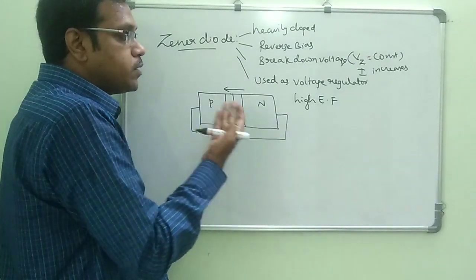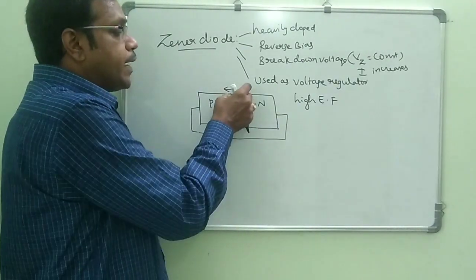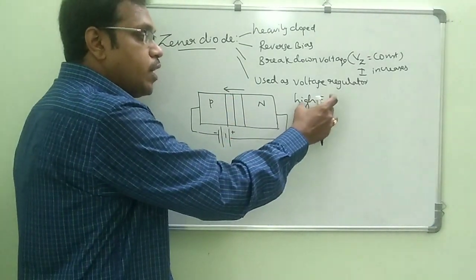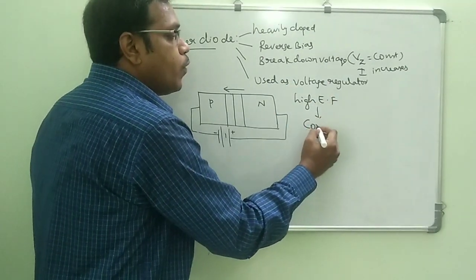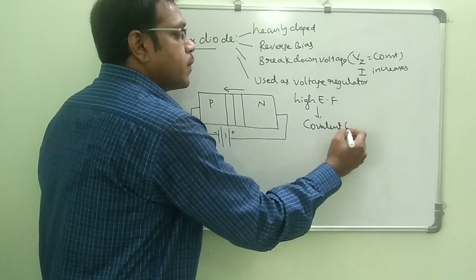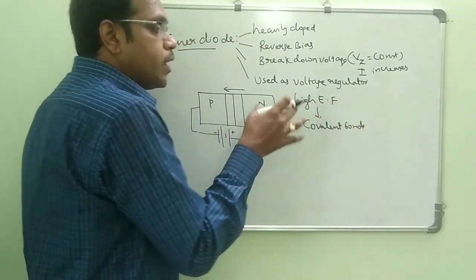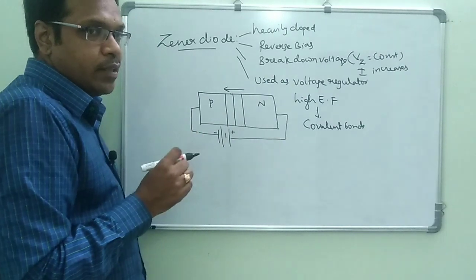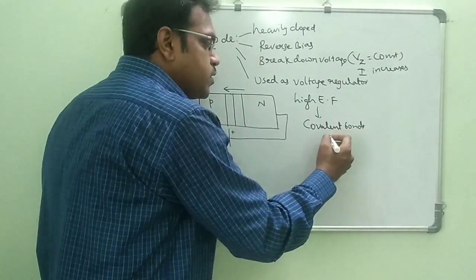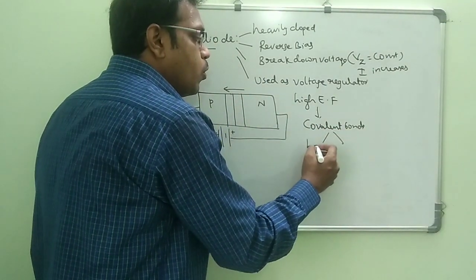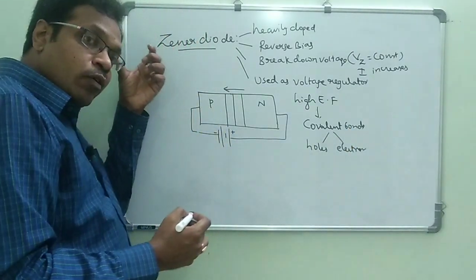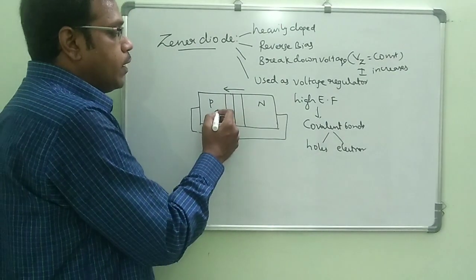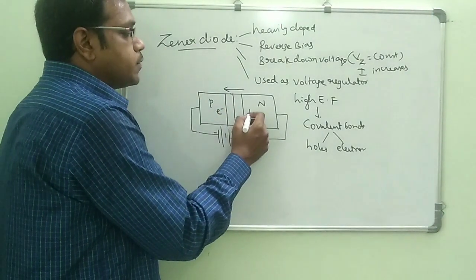Who gives these minority charge carriers? The very high electric field breaks the covalent bonds, because the covalent bonds contain some minority charge carriers. Once a covalent bond is broken, you get holes and electrons, and because of this electric field they are swept across.